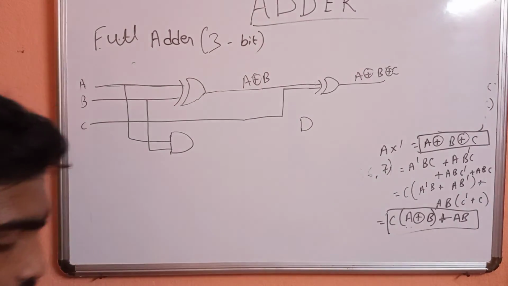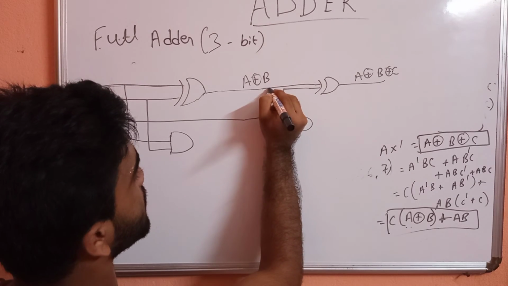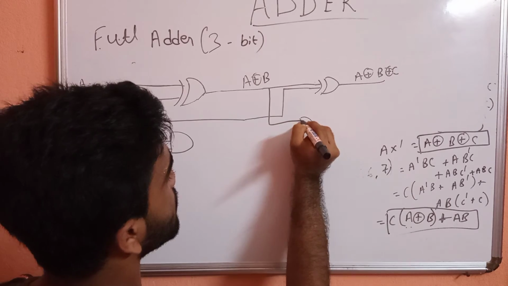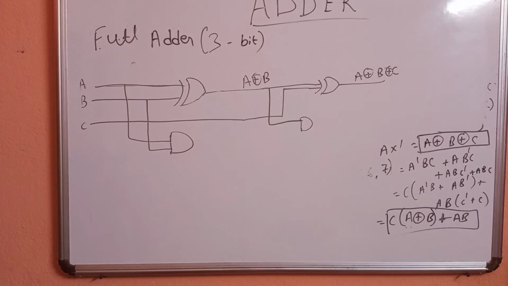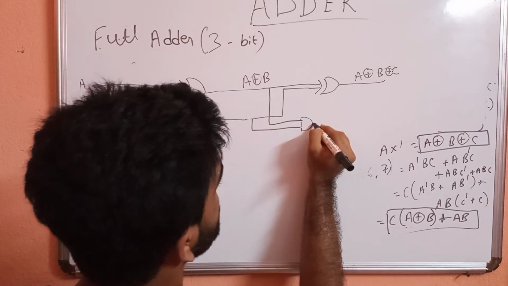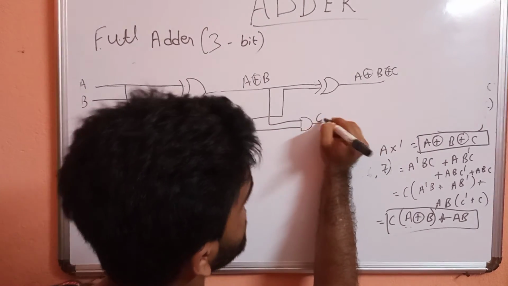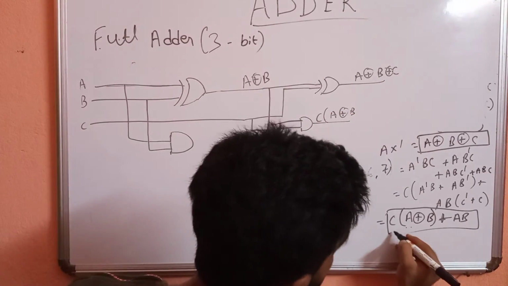Now another AND gate we will use. We will take this part and we will take C from here. This is my C, A XOR B. This part, carefully watch it.